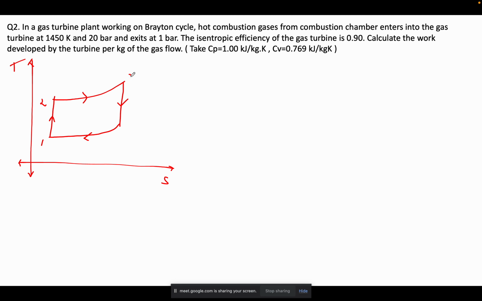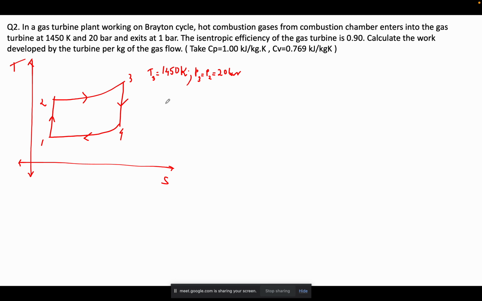The combustion gases enter the gas turbine at 1450 Kelvin, so T3 is 1450 Kelvin, and P3, which is nothing but P2, is 20 bar.